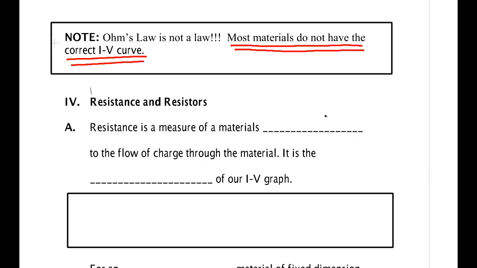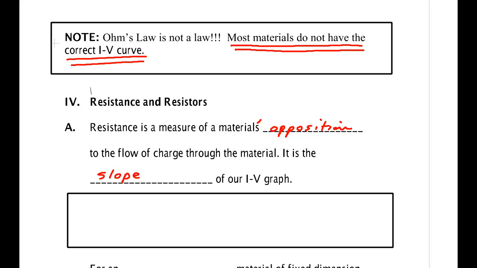Resistance. Resistance is a measure of a material's opposition to the flow of charge, or opposition to current, in the material. It is the slope of our IV graph.